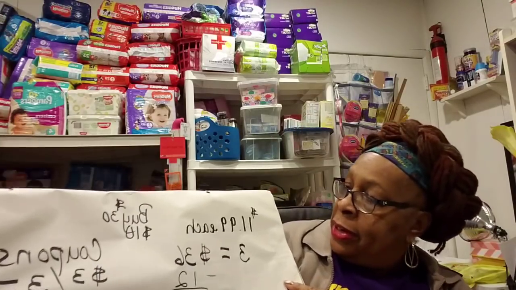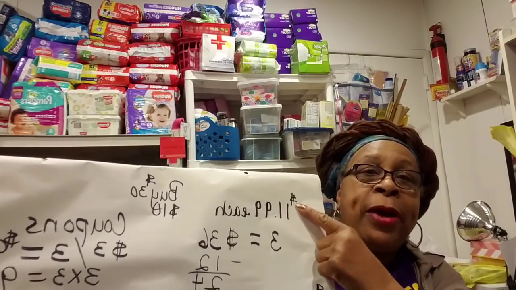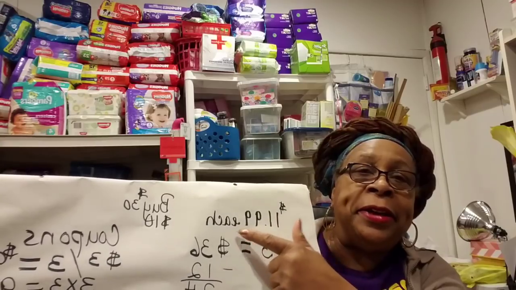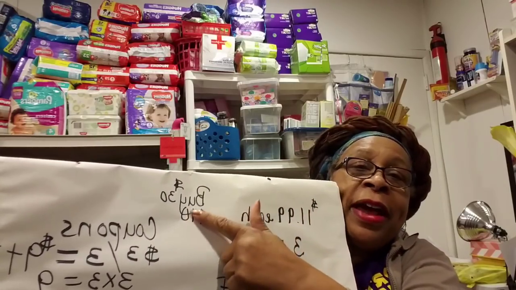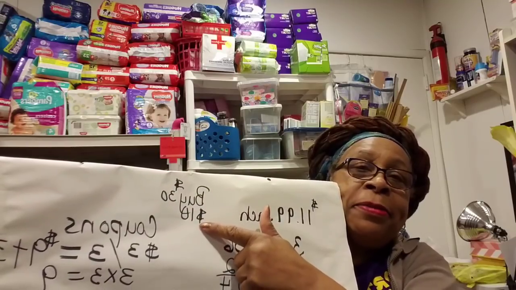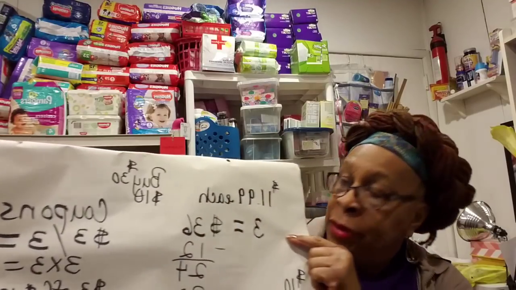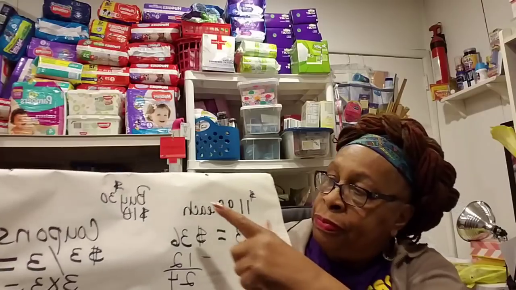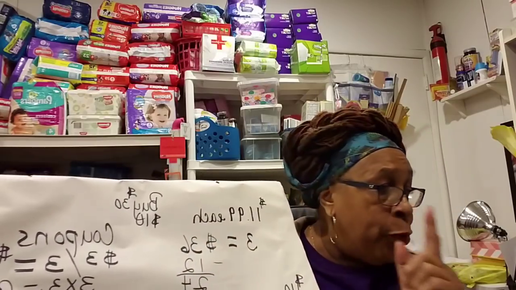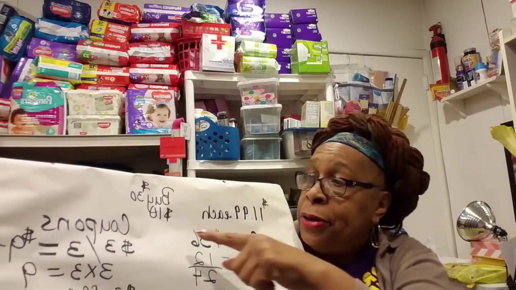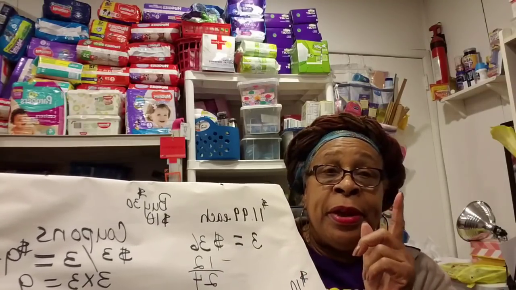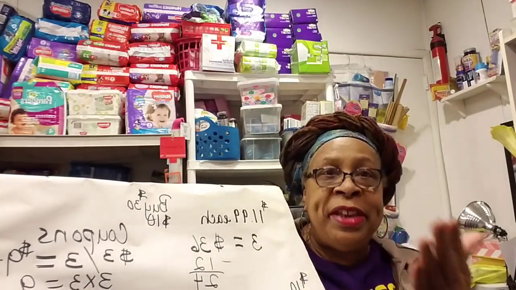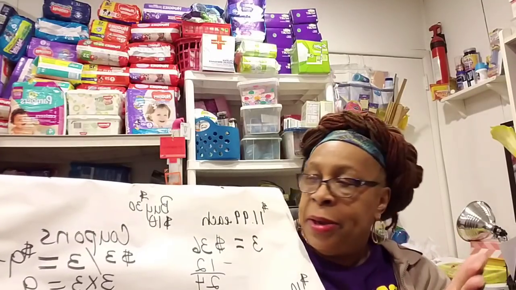Let's look here. I started with the product. It was $11.99 each, and it said when I buy $30 worth, I'm going to get $10 back in extra care bucks. The coupons I was going to use were $3 CVS coupons.